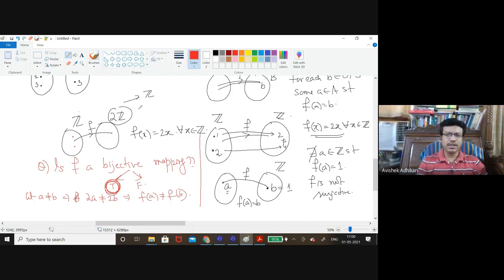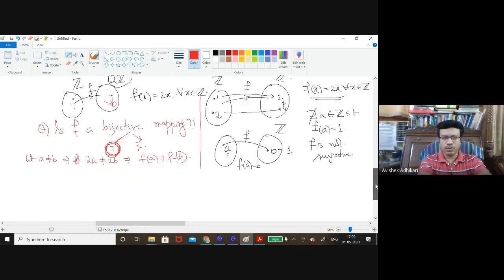But here, since I have removed the Z part and considered only the even integers, any element here is an even integer, and for each such element you will get some element in Z out of which, if you apply F on that element, you will get B. That means for each B belonging to 2Z, there exists some A belonging to Z such that F(A) equals B. As a result, this is a bijective mapping. Clear?